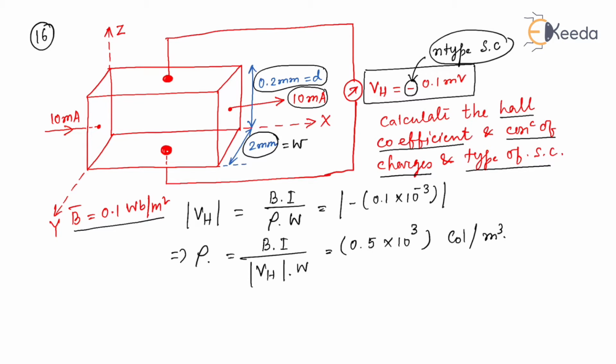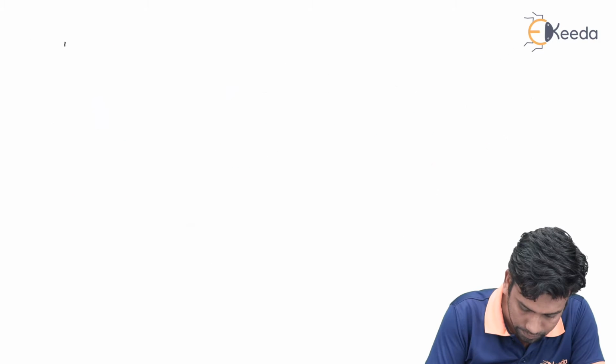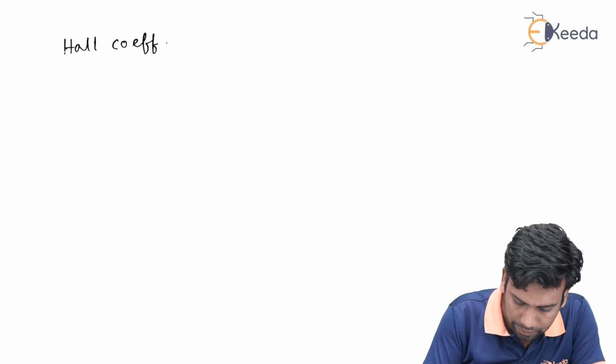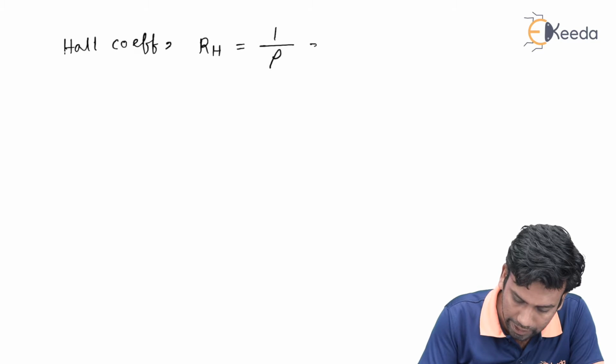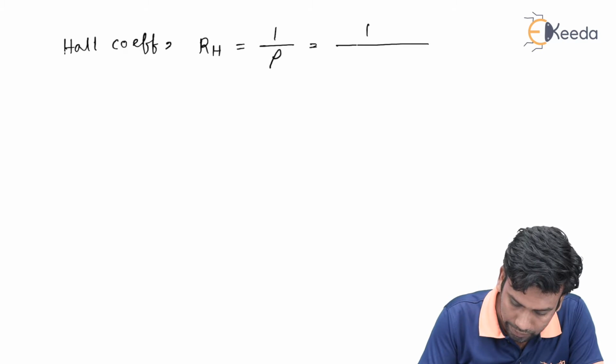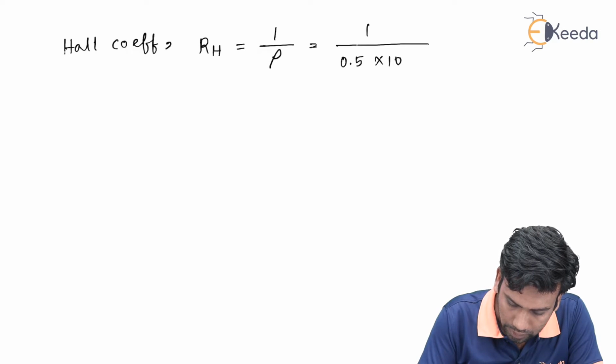In this way we can calculate the value of the charge density, and we know that the Hall coefficient is given by R_H equals 1 by rho, and the rho value we have derived as 0.5 into 10 to the power 3 coulomb per meter cube.